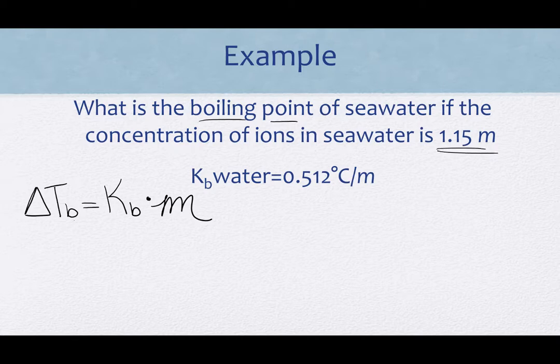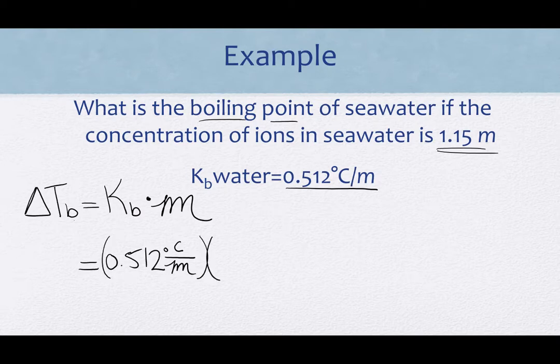Eventually, you'll have to solve for that. So plug in what we know, crank out the number. So boiling point constant is given. It is 0.512 degrees Celsius over molality times the molality, which is 1.15 molal.